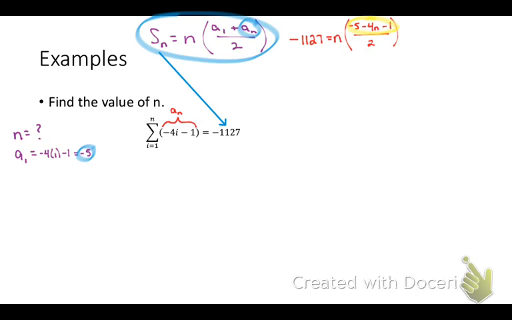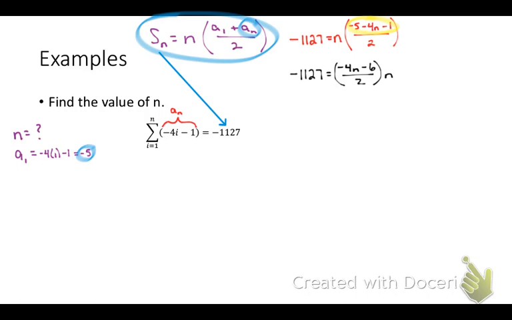So if I go negative 1127 equal to negative 4n minus 6 all over 2. And I'm going to put the n on the back side. Okay, it just kind of puts everything out here to the side.